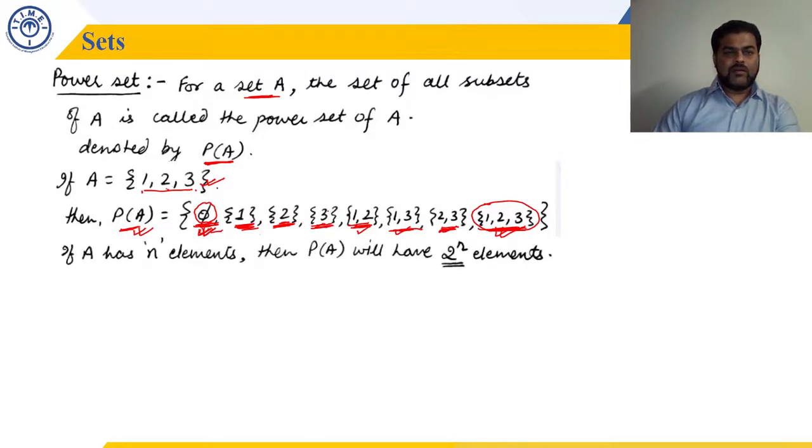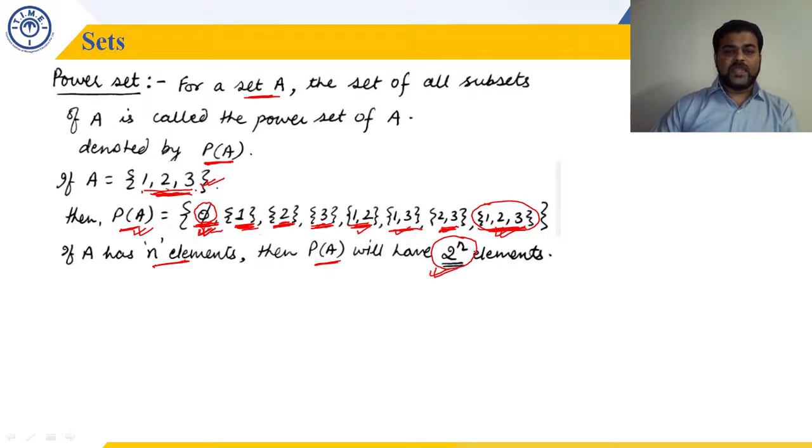If A has n elements, then the power set of A will have 2 to the power n elements. So remember this. This can also be understood in this way: if a set A has n elements, then the number of all possible subsets of set A will be nothing but 2 to the power n.